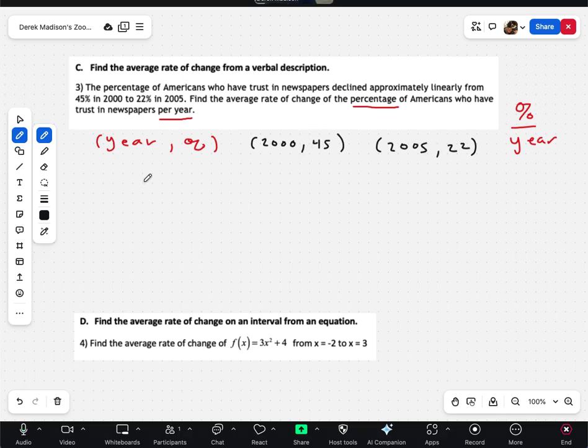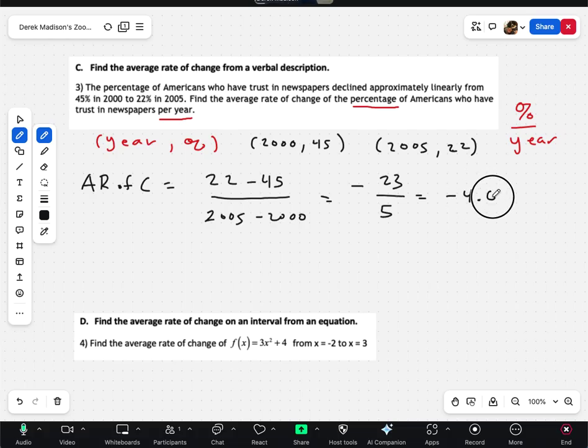So again, now that we have a nice clear view of our ordered pairs, we'll do our slope, which is also average rate of change. In the notes, I haven't done it yet here, but I've been calling it M, but I should probably write average rate of change there. Same thing as slope in this case. So 22 minus 45, there's our y2 minus y1, over x2 minus x1, 2005 minus 2000, and so that comes out to negative 23 over 5, or as a decimal, negative 4.6.